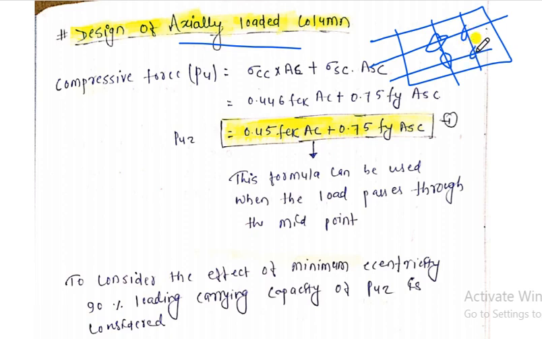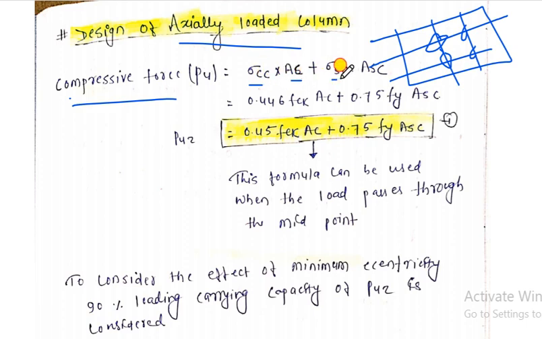So please go and quickly watch the video, it will be very helpful for you to understand. So let's understand. Here, to design axially loaded columns, we need to treat them as compression members. We need to find out the compressive force, that is Pu. The compressive force is nothing but stress into area. As the column is made of two materials, steel and concrete, it is stress of concrete into area of concrete plus stress of steel into area of steel.